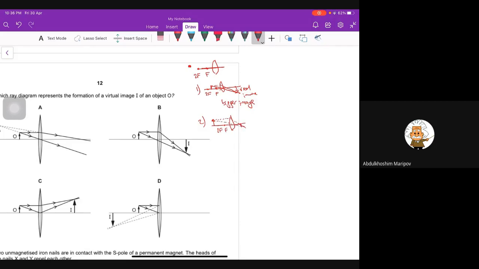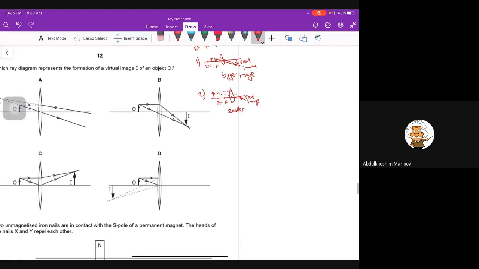This is also a real image, but smaller than the object itself. Third case, guys, is exactly on 2f. Here f and here 2f. The rays go this way and this way. The image will be exactly the same size.